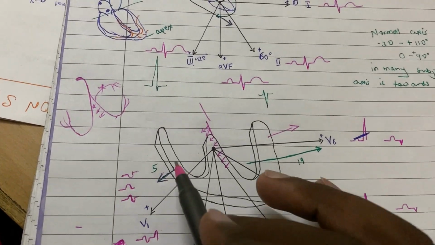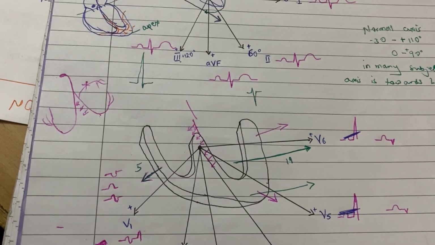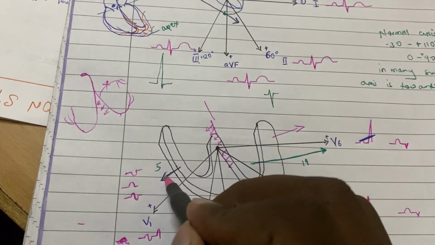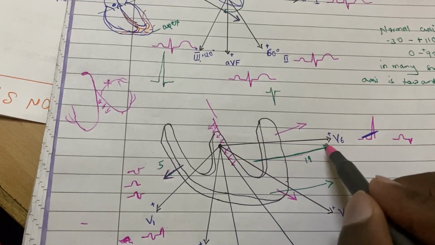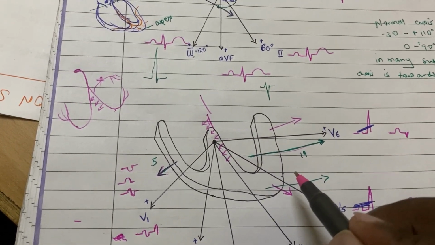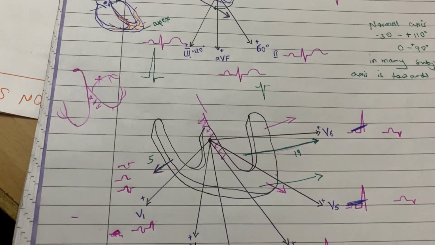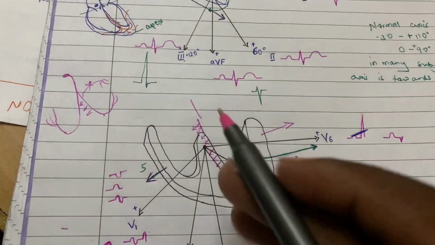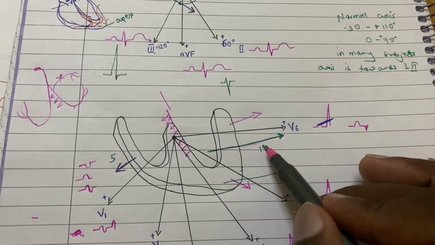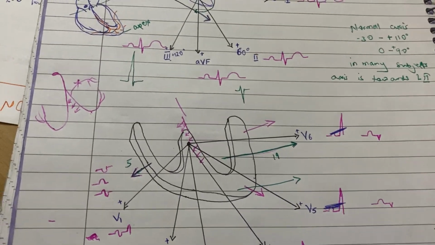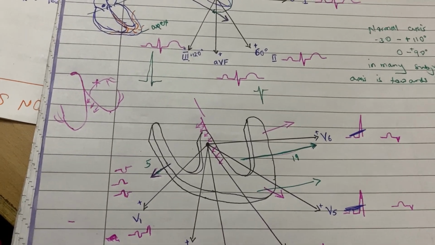So, with intact bundle branches, this free wall is depolarized going that side, and then the left is depolarized going this side. Since they are at the same time, we need to find the net. For example, this one is producing 5 millivolts, and this one is producing 19 millivolts. They are in opposite direction. Where is the net?